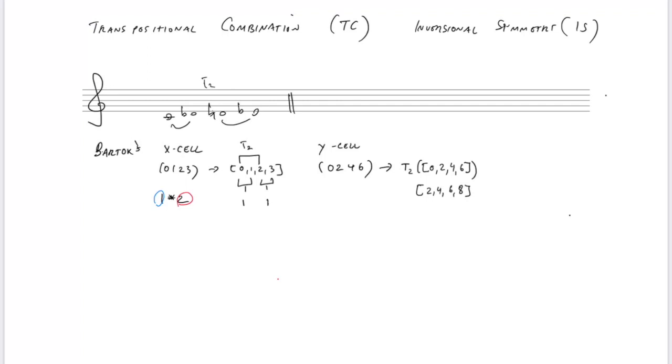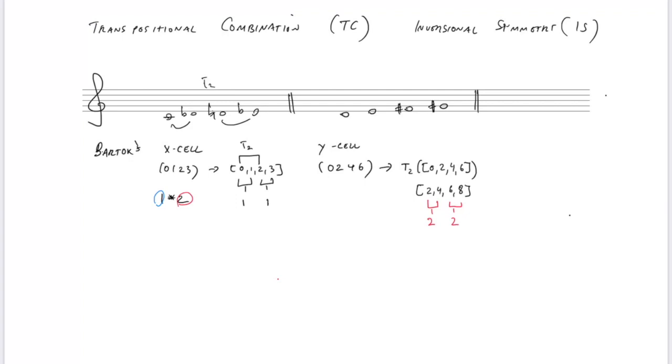You can already see how this is working. So here we have a D, an E, an F sharp, and an A flat. So immediately you say, well, yes, we have transpositional combination here as well, and it's easy to see how. The first one right here is 2, and from 2 to 4 is 2, so that's in that dyad. And then in this dyad, we also have 2.